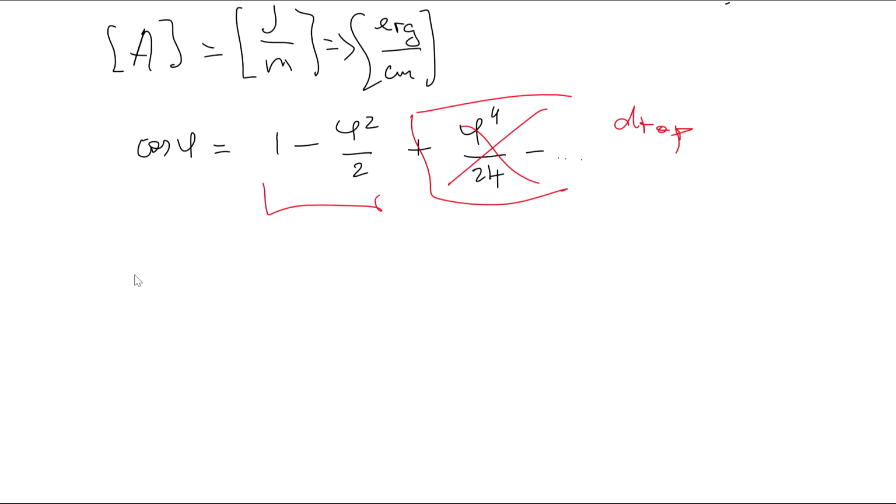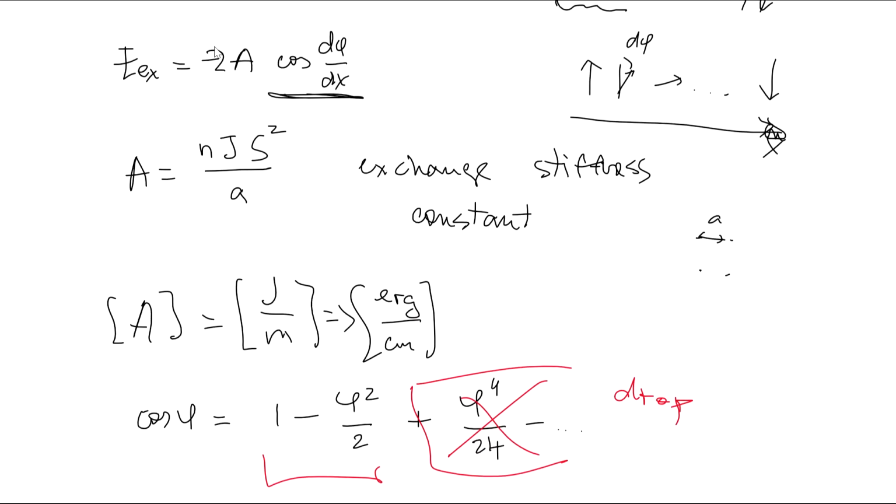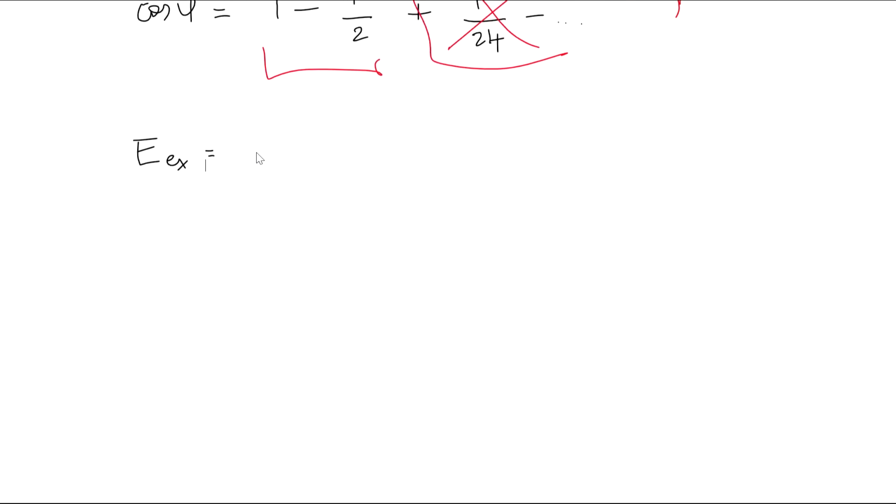So with that, the exchange energy can be written as you can see from here. So we basically expand this cosine function in the exchange energy. It's minus 2A plus A (d phi/dx) squared.